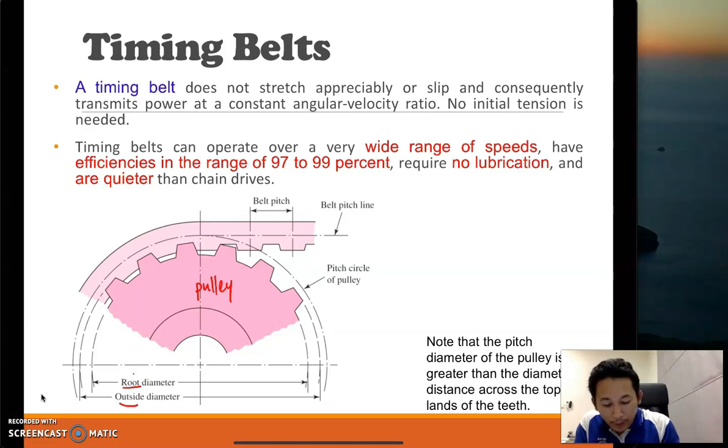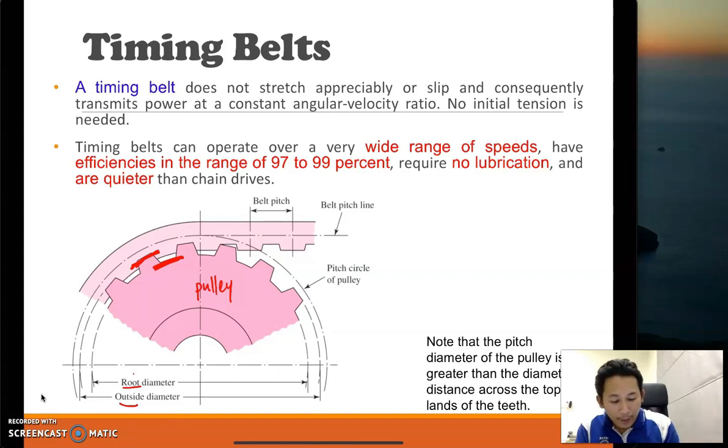So the root diameter is this one, and the outside diameter is this one. So teeth to teeth, and root to root for the diameter. And we can look at the pitch diameter.